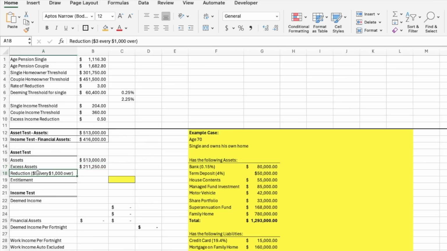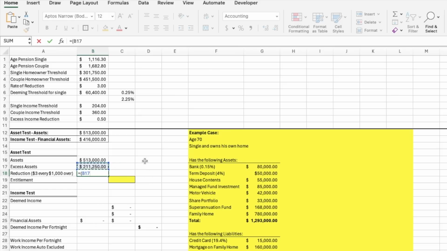Now, the key is that for every $1,000 we have in excess assets, the amount of age pension we get is reduced by $3. So if we're going to calculate that, we have $211,000 in excess assets. If I divide that by 1,000, that gives us the number of times we're reducing it by $3, and then multiply it by 3. Therefore, we're having a reduction in age pension by $633.